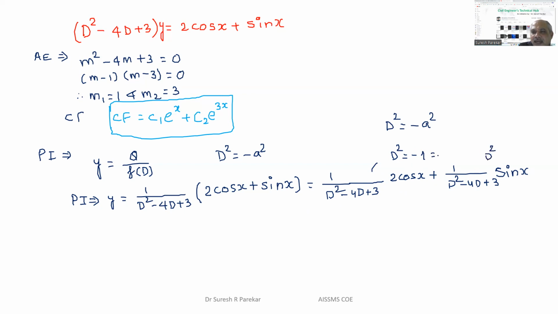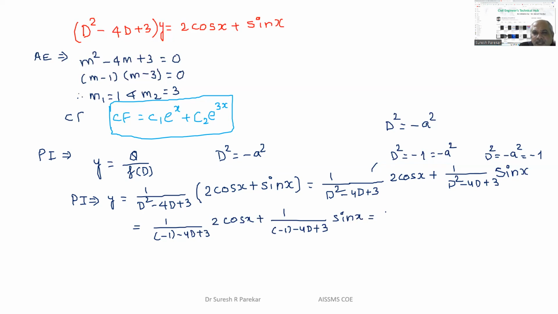Now if we put this value, we have 1 upon minus 1 minus 4D plus 3 into 2 cos x, plus 1 upon minus 1 minus 4D plus 3 into sin x.